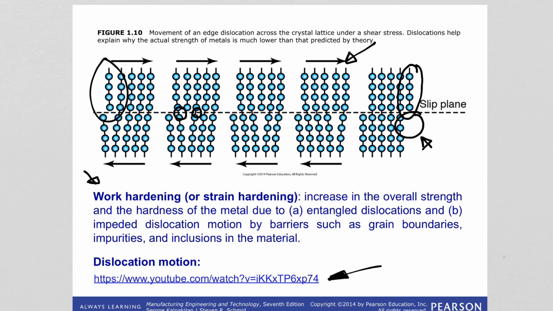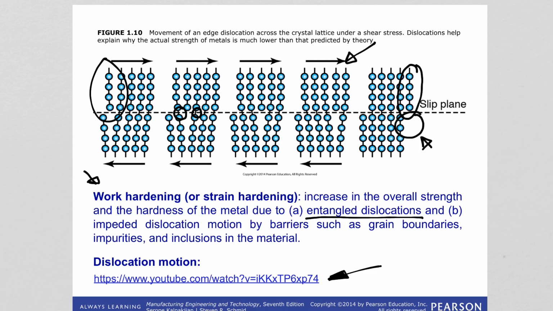Why is this happening? Why is the material strength increasing? One reason is that when we deform the material, we are disturbing the crystal structure, making more defects inside, right? Making more dislocations, more line defects when we work on the material. Since there is an increase in the dislocation amount, they will start to prevent each other's motion. They will entangle, so the entangled dislocations.